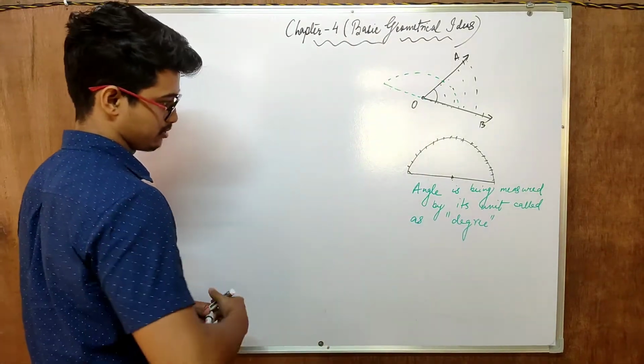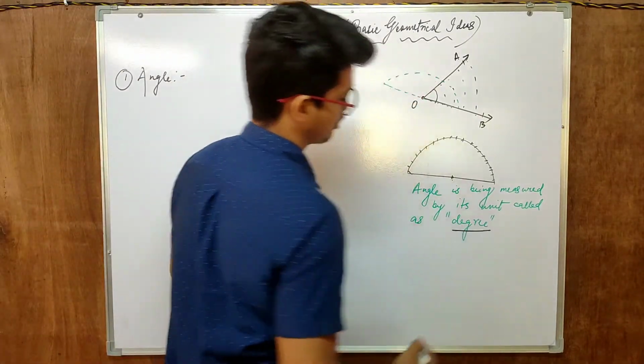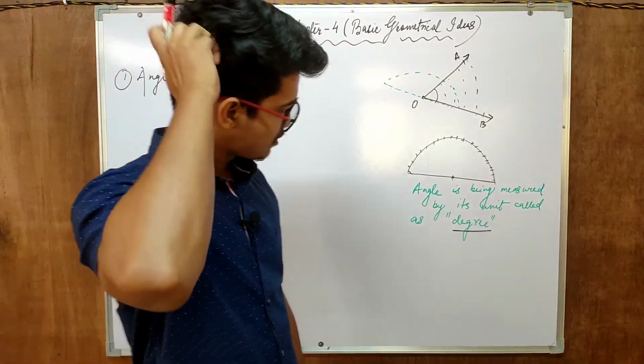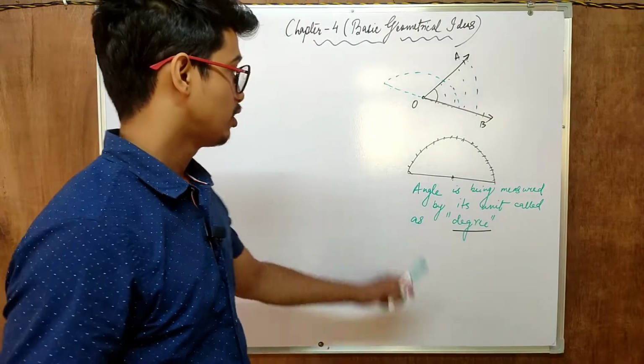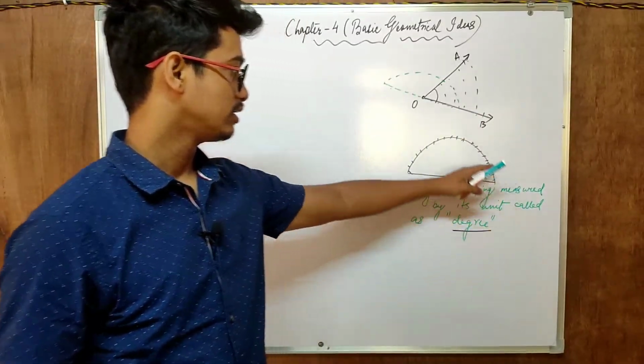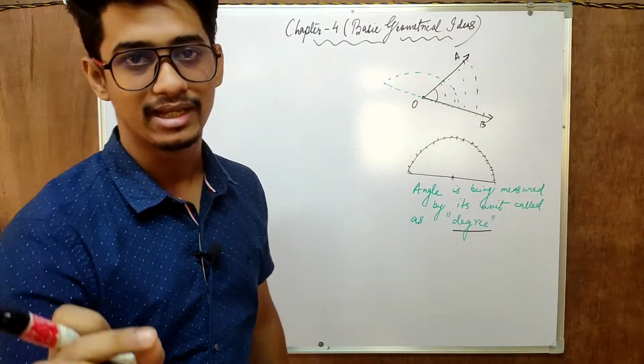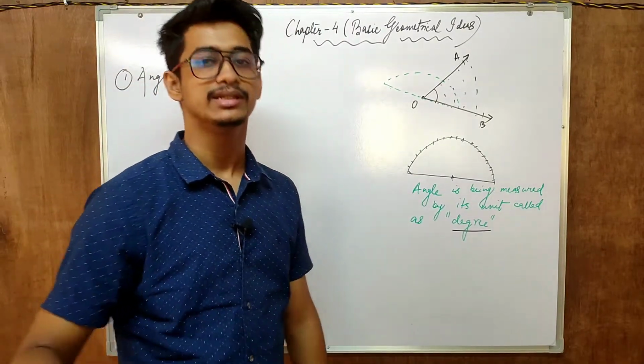This is the word degree. All right, so in the geometry box you will definitely find a protractor, and all the markings have some particular measurement in terms of degrees.